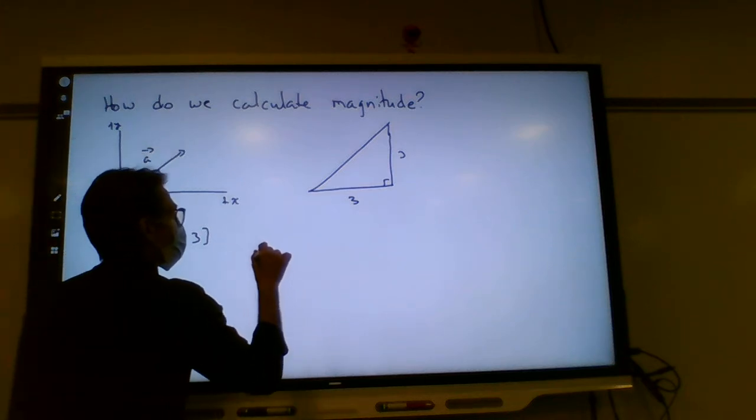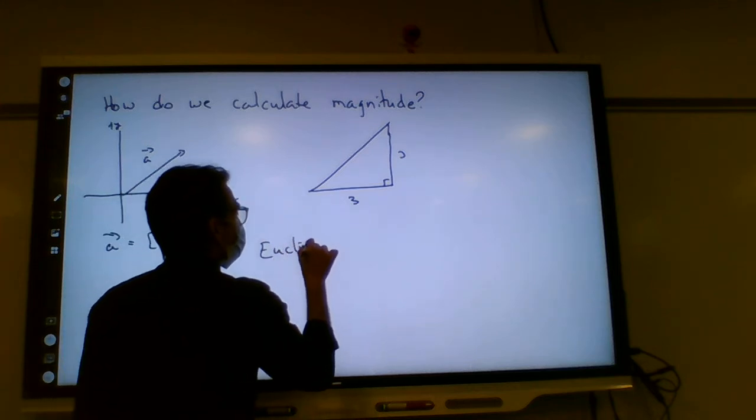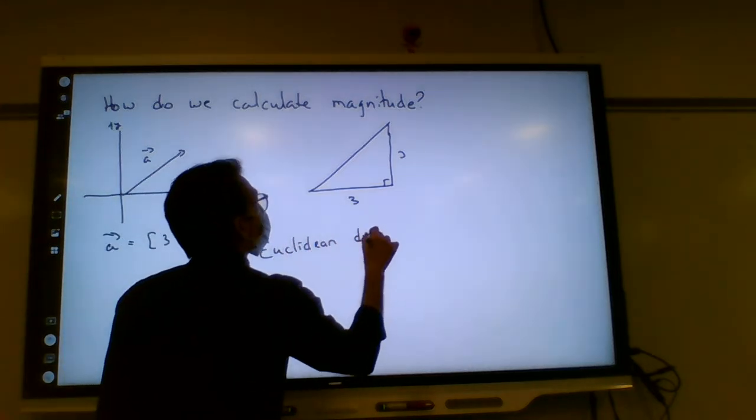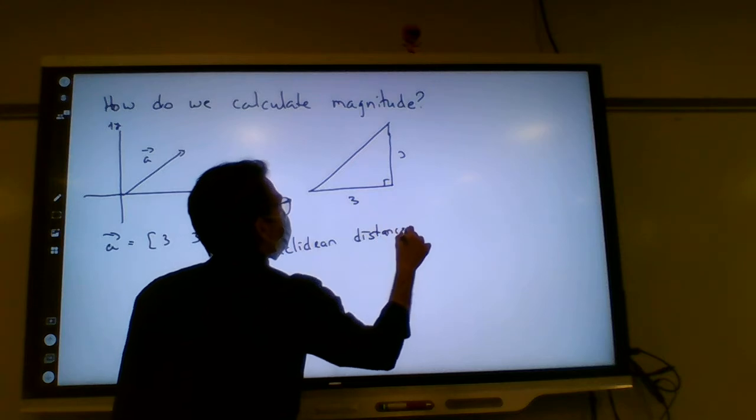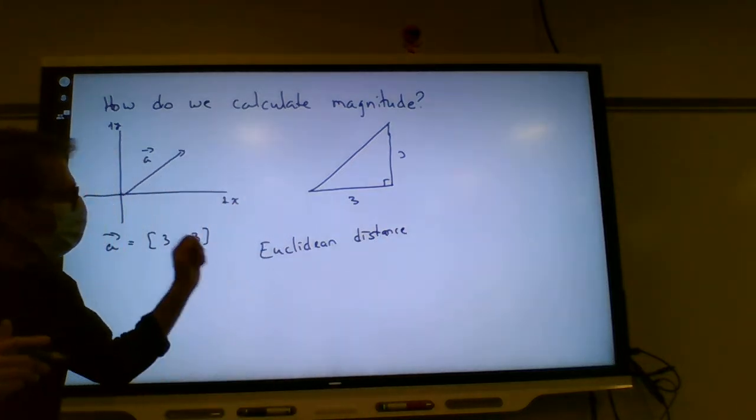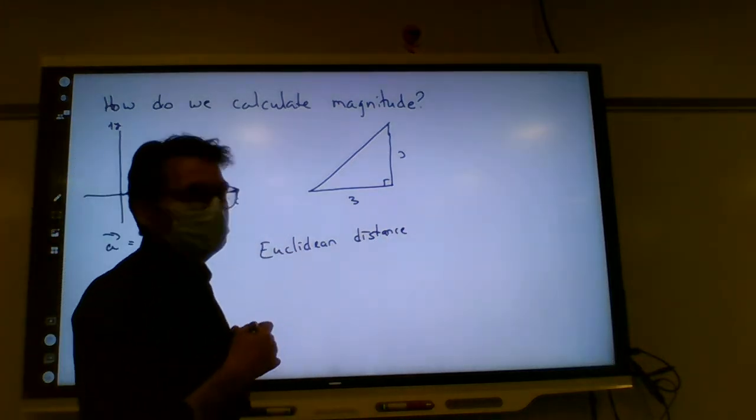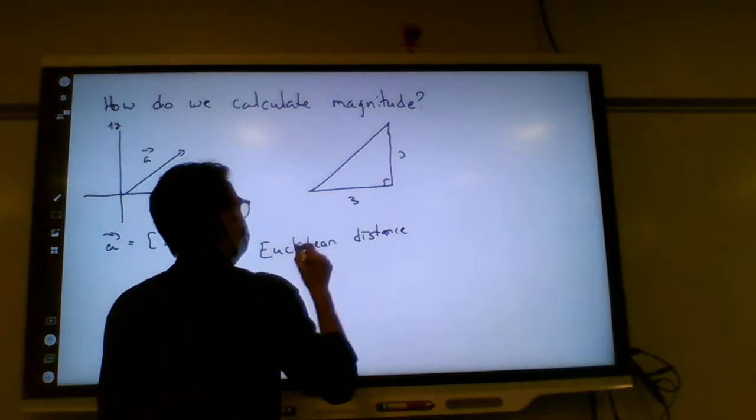And we get what's called Euclidean distance. Or, well, we'll give a couple of other names in just a second. So how long is this?